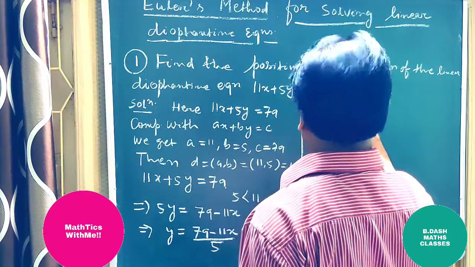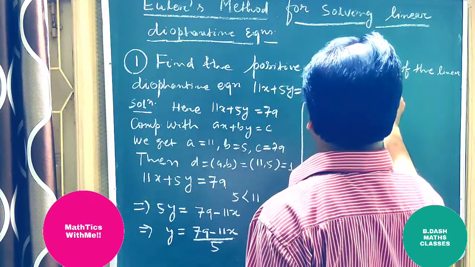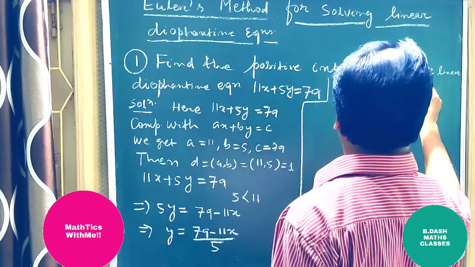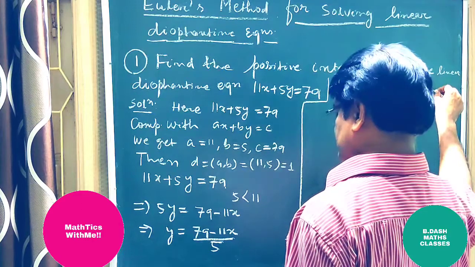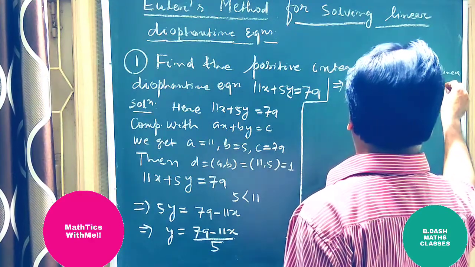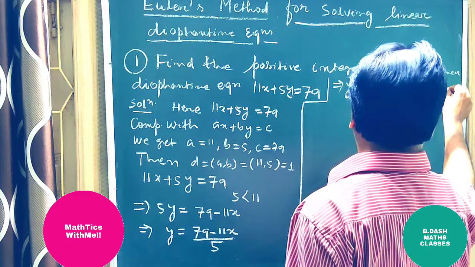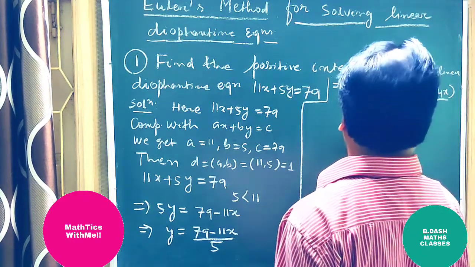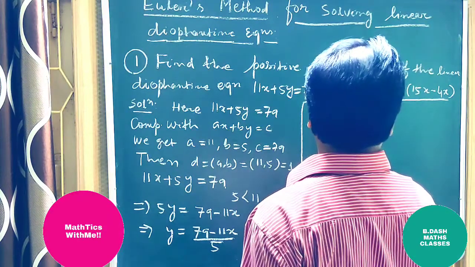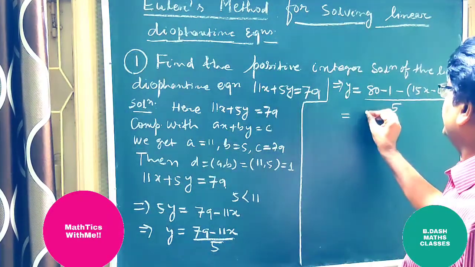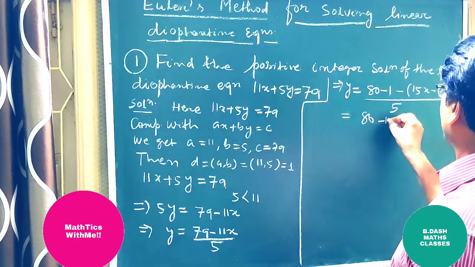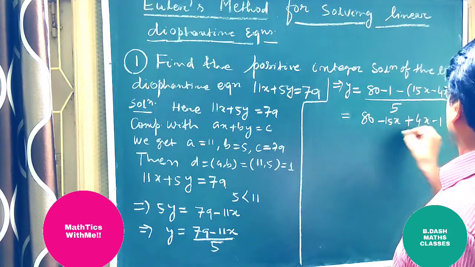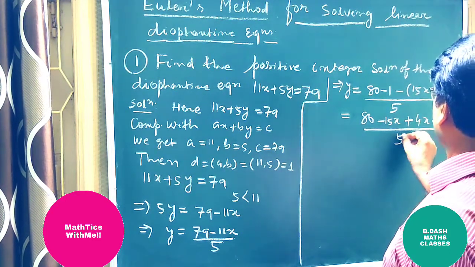This implies y is equal to 80 minus 1 minus 15x minus 4x divided by 5, which is equal to 80 minus 15x plus 4x minus 1 by 5.